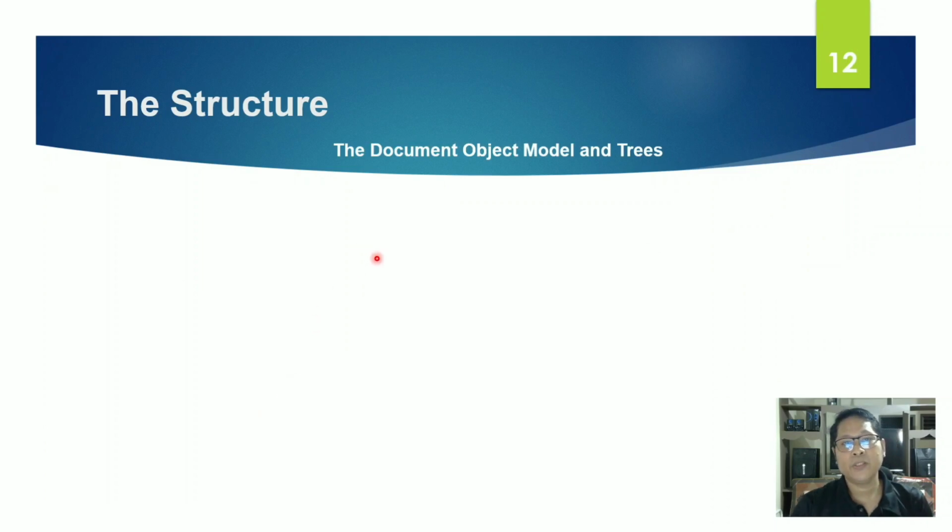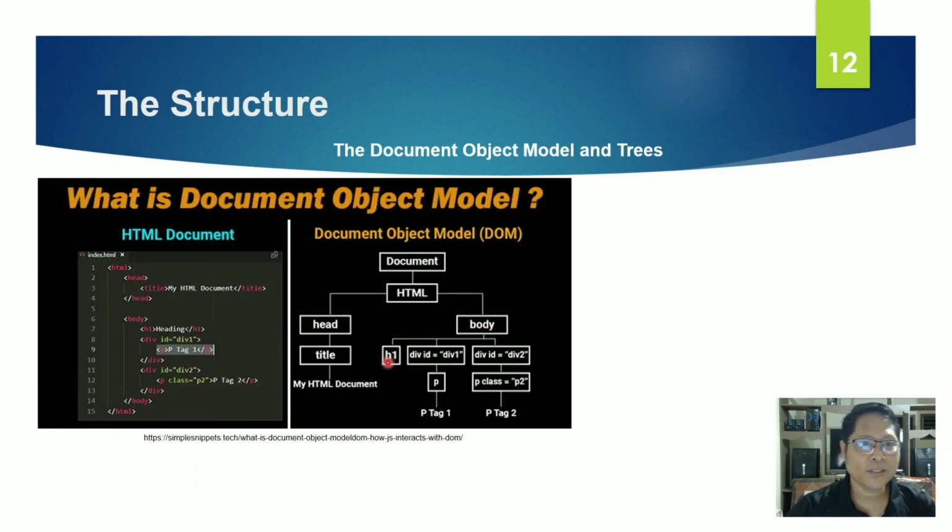So now we are going to talk about the document object model, or the DOM, and also the trees. So what is a document model? Before explaining this image here, let's first define what is DOM.